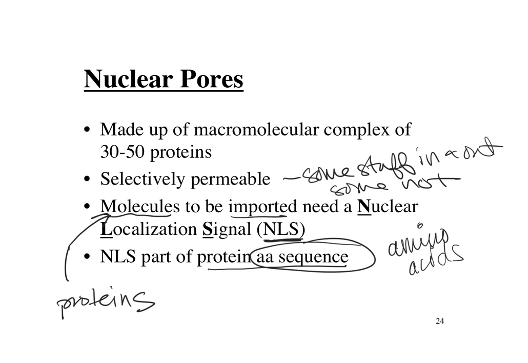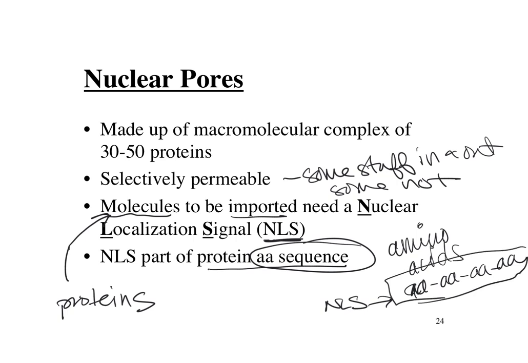Somewhere it has to have the specific sequence, some order of amino acids that specifically makes up an NLS. So any protein that wants to go in has to have this. If it doesn't have that specific sequence of amino acids, it's not going in. That's the rules. So it must be something recognizing this sequence, some molecule recognizes this sequence and lets it in.